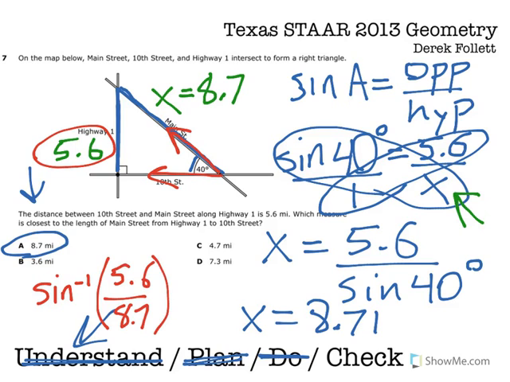So if I take the inverse sine, that should give me the angle back. So let me try that. And I get 40.06 degrees. Pretty close to original 40 degrees. So now I am certain that the answer is A, 8.7 miles. Okay, I hope that helps.